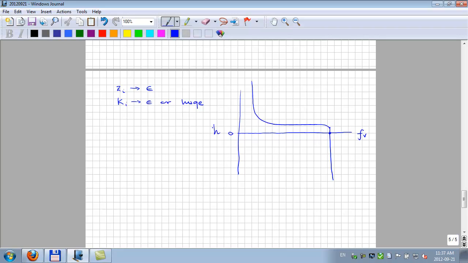So for plus minus epsilon, epsilon being the machine, computer epsilon, you're here and here. And so you never see it. I can't get to 0 within a reasonable number. Here you're getting a value of h of 2, and here a value of h of minus 1, and I can't get to 0. I can't change f of v small enough. So in those cases, you have to use some kind of a variable transformation.